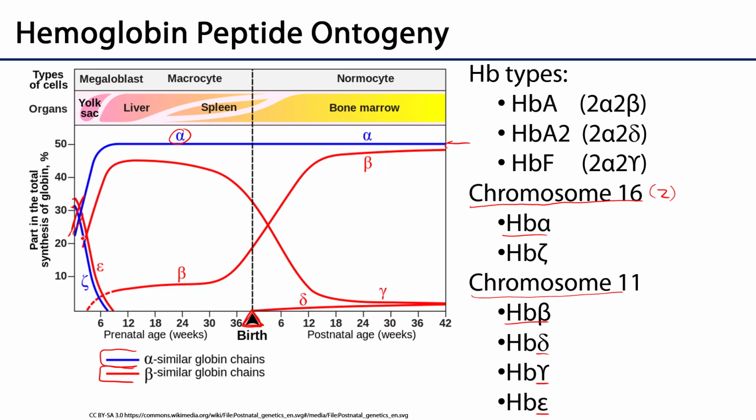The next great contender is that of gamma. So gamma comes out strong a little after alpha. And so what we see for most of the fetal life span is hemoglobin being comprised of alpha and gamma subunits.